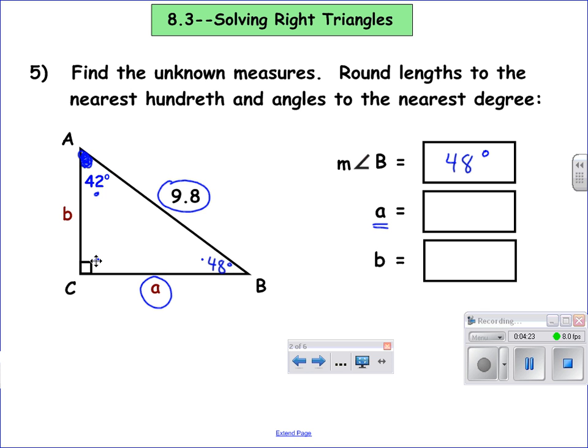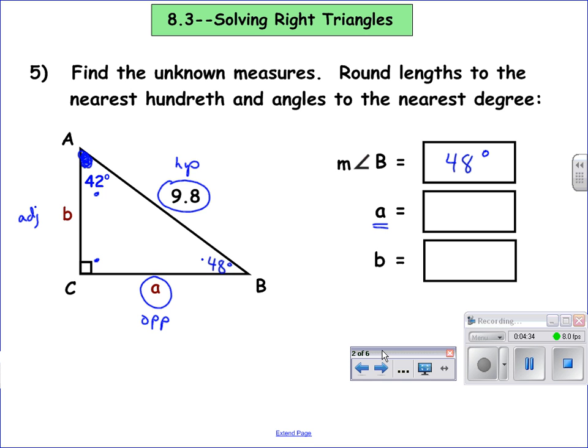We call this the hypotenuse always. It's across from the right angle. This must be adjacent. This must be opposite. So the game of what do I have, what do I want, turns into, in this case, the sine of 42, opposite over hypotenuse, so sine of 42 equals A, the opposite, over the 9.8.